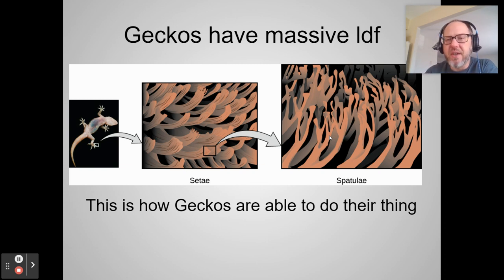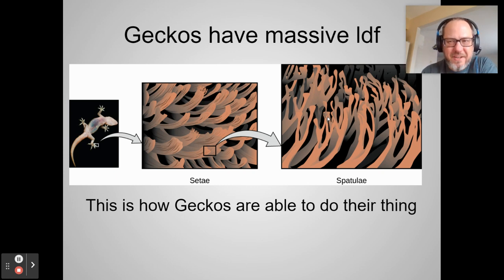And so there's gazillions of these spatulae, right? And what happens is when a gecko puts his foot on a surface, right, those spatulae actually interact atomically with the surface. And there's attractions between the atoms of the spatulae and the atoms of the surface that causes the gecko to be able to stick to them.